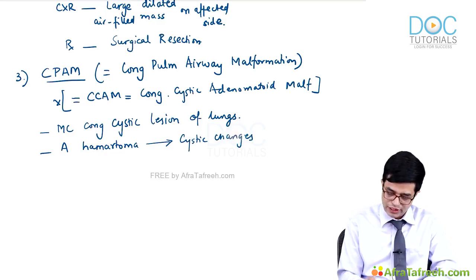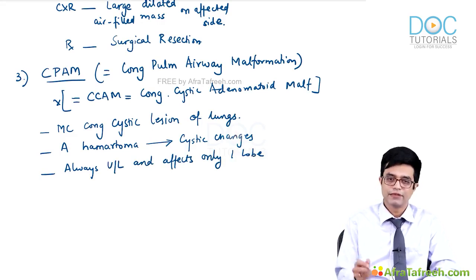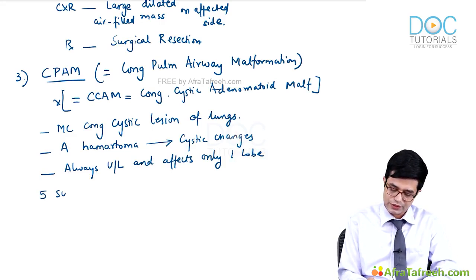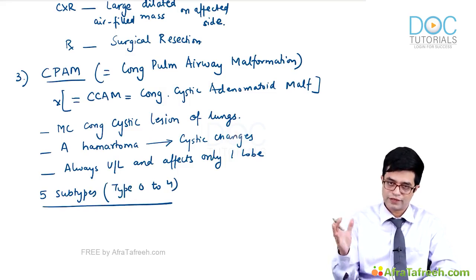It is always unilateral and affects only one lobe. It is divided into 5 subtypes, ranging from type 0 to type 4, that is 0, 1, 2, 3, 4.